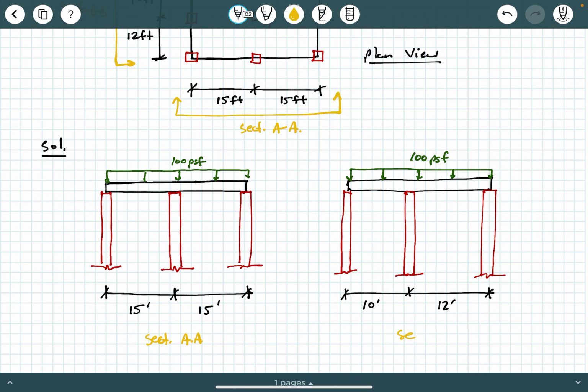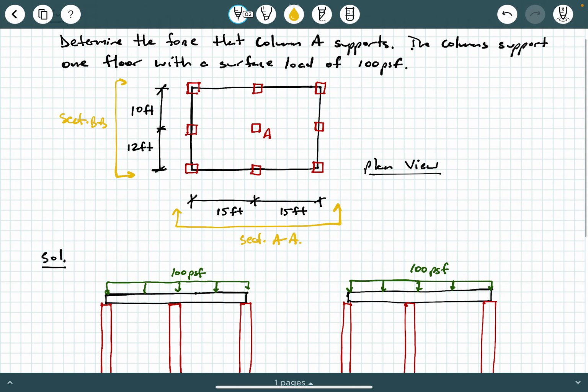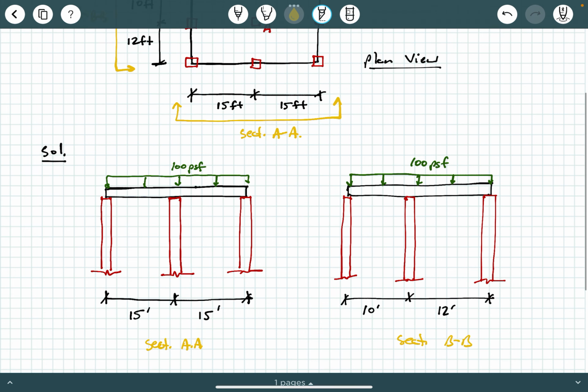We'll call this, again, section BB. And so, again, that 100 PSF is spread out over this entire surface going into the screen when you're looking at the plan view. But then if you look at either of these side views or section views, what you see is 100 PSF, but you just see the side of it, okay?